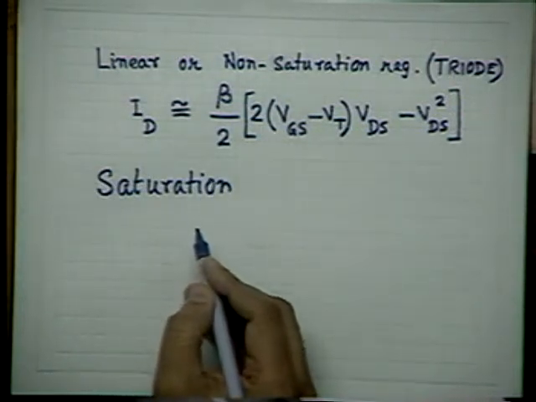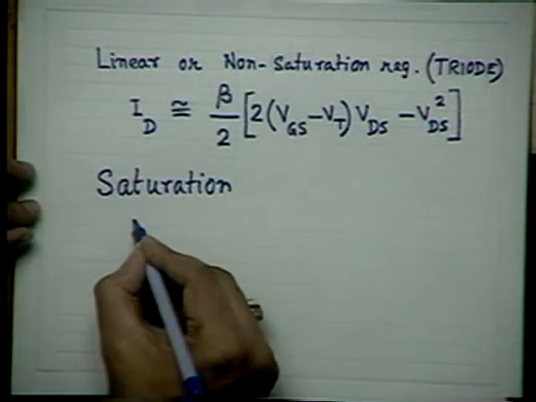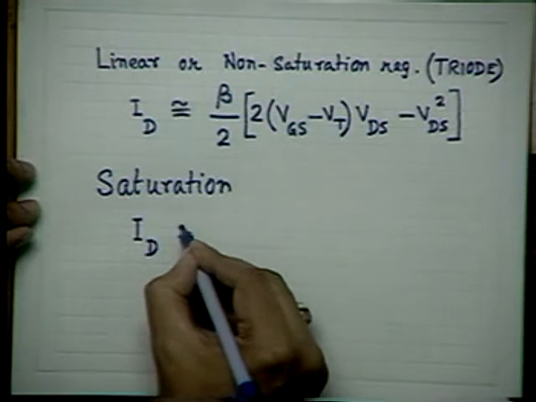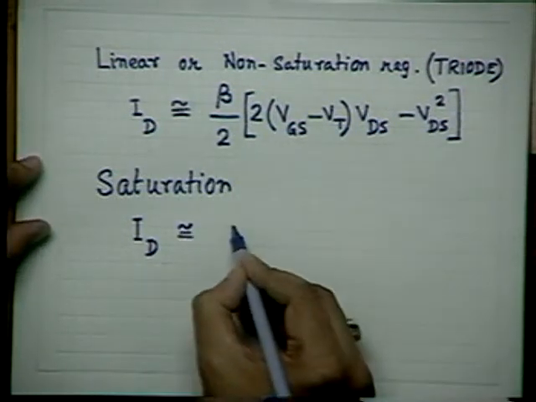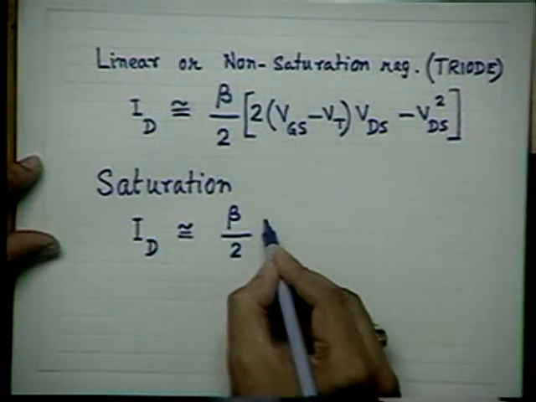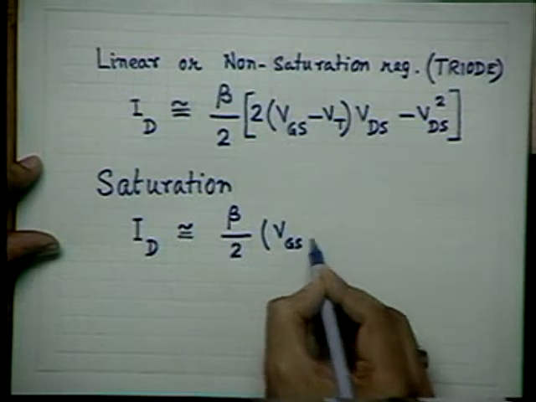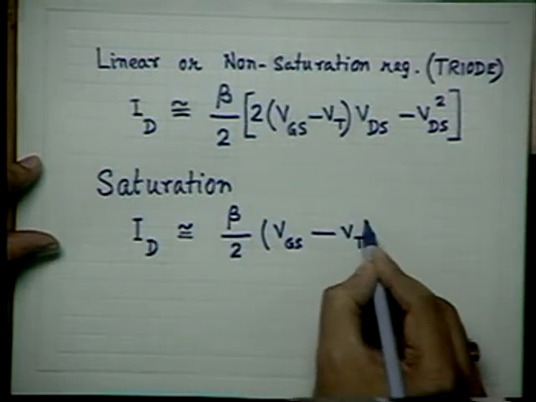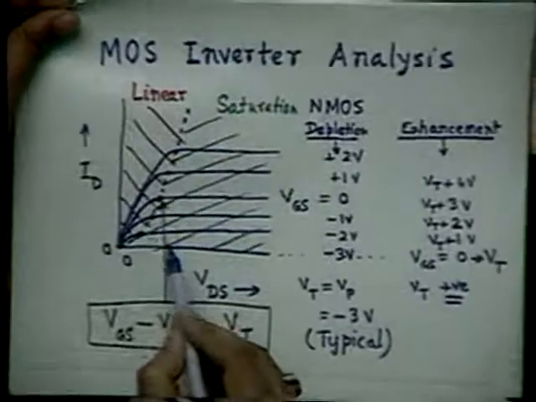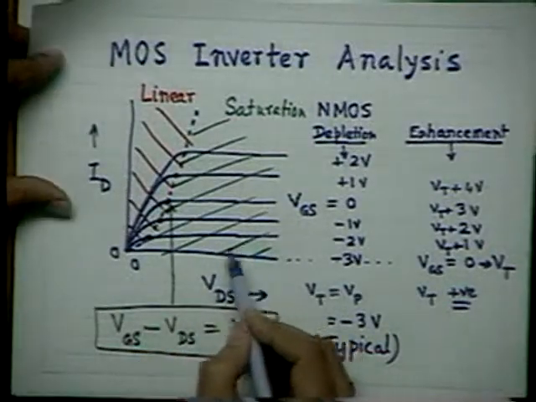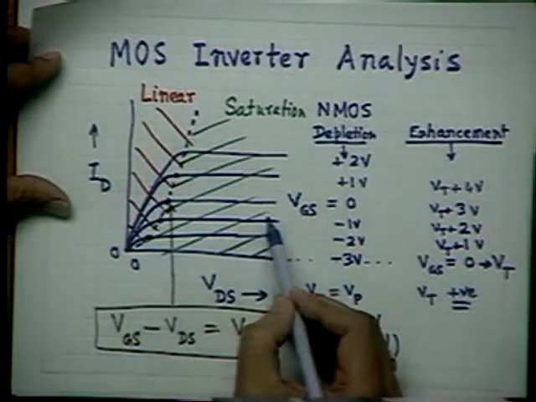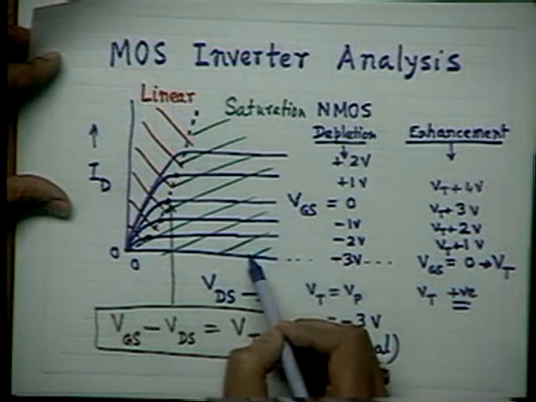Okay? Similarly, when you consider the MOSFET in saturation region, the relationship between ID and the voltages, again an approximate relation, is beta by 2 multiplied by VGS minus VT whole square. I'll speak about beta afterward. You note that in the saturation region, I have assumed that the current is independent of VDS. So saturation region current is a function of VGS only.